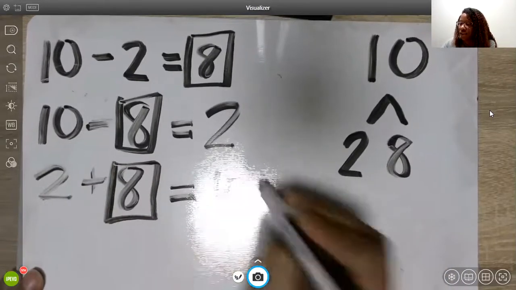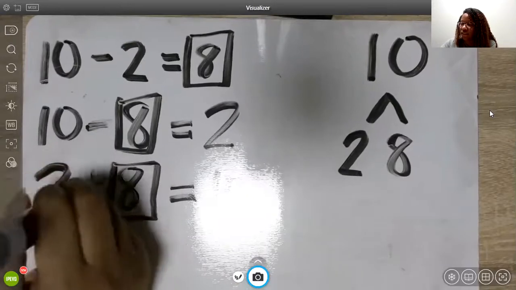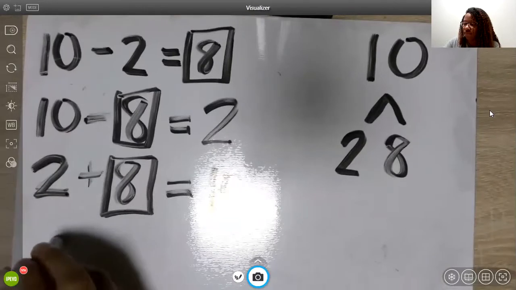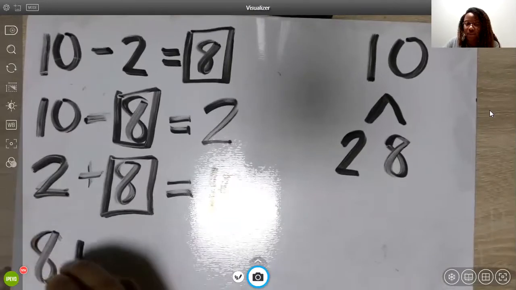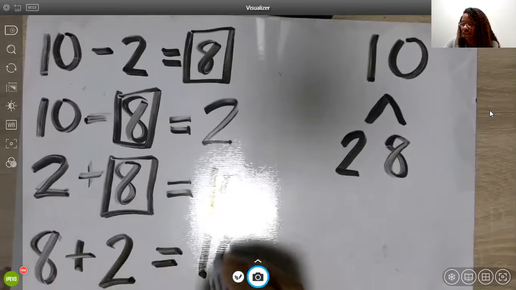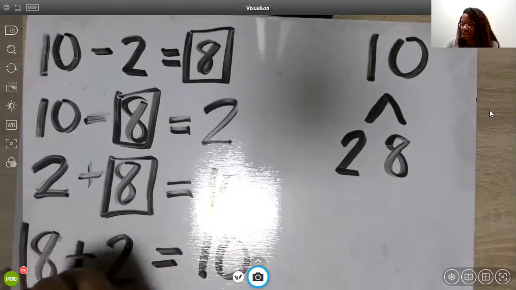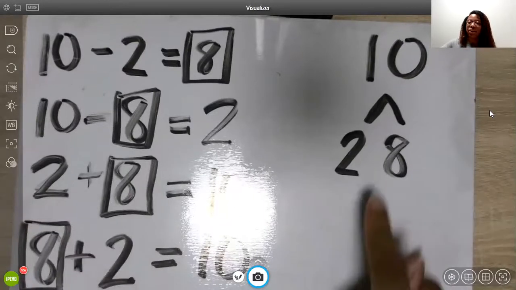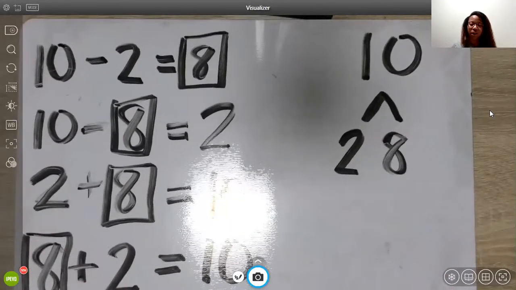And go ahead and shout out my last number sentence for me. 8 plus 2 equals 10. Don't forget to box the 8. And now I have my completed number bond and my 4 number sentences.